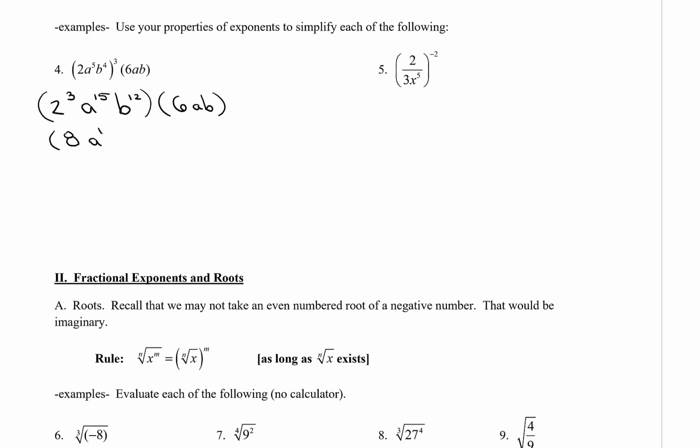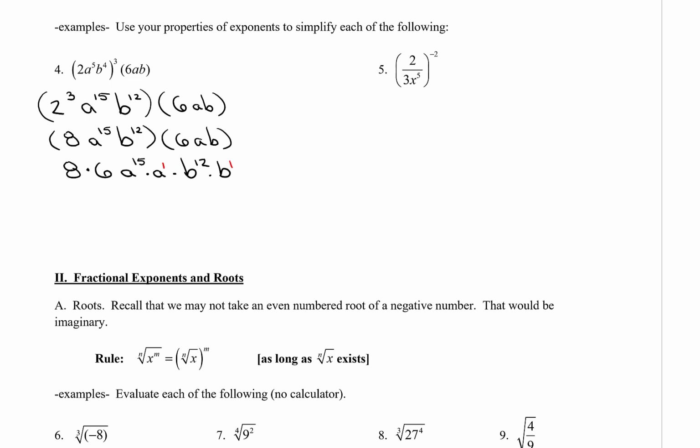And then if I simplify the 2 to the 3rd, that gives me 8, a to the 15th, b to the 12th, times 6ab. And then I multiply 8 times 6, and since I've got the same bases, I can multiply a to the 15th times a, and that will be multiplied with b to the 12th times b. I can use my product rule for exponents. I wrote ones for the a and b, the ones that didn't have exponents on them.